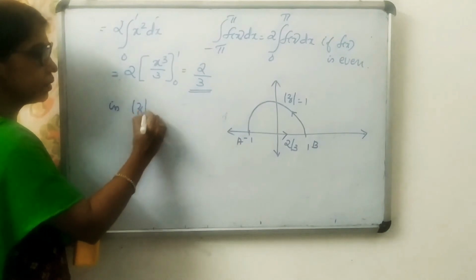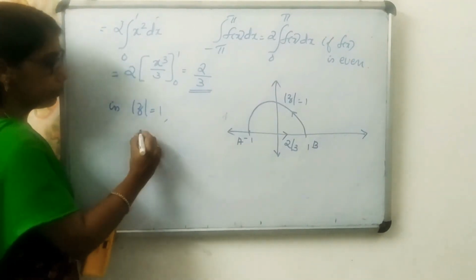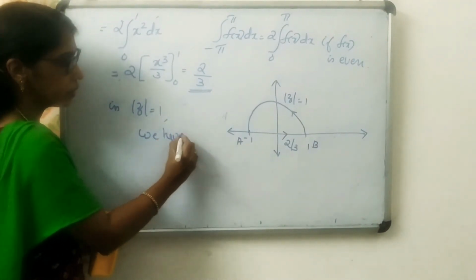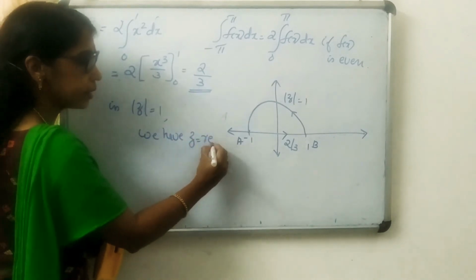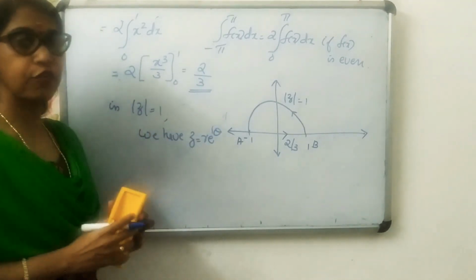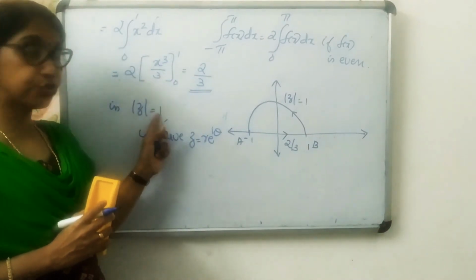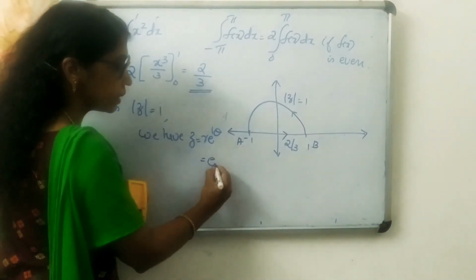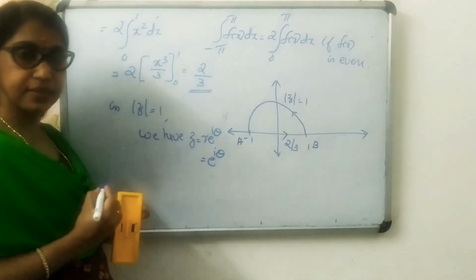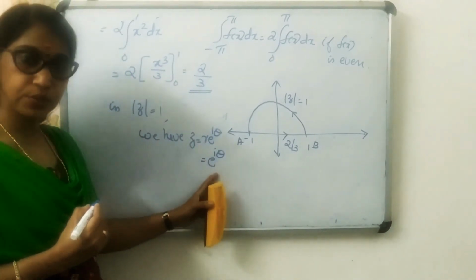The polar form of z is r e raised to I theta, but here the radius r is equal to 1. Since r is equal to 1, z equal to e raised to I theta.